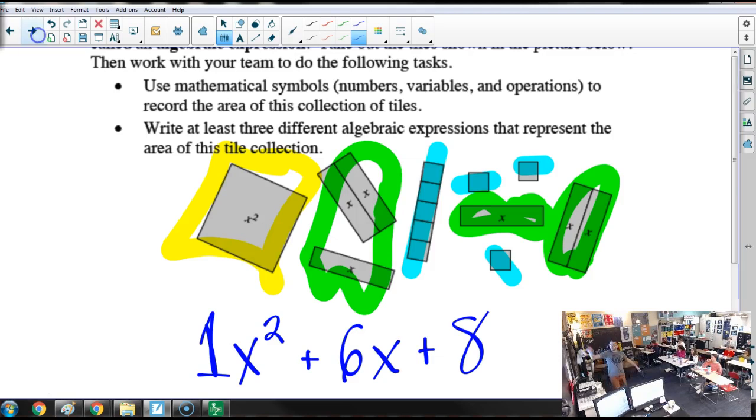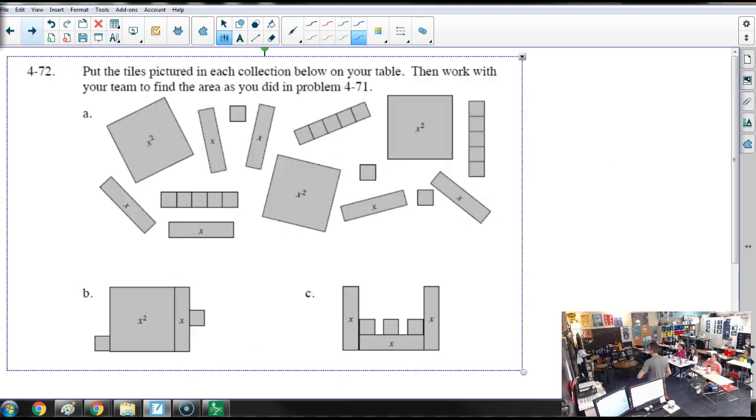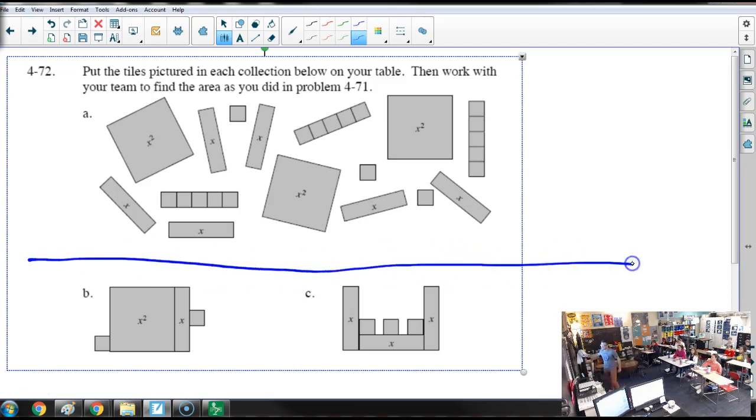So let's start looking at this. Pull out these tiles from A. So just group A as like a team. They're the x squares, so you tell me. You do not need to draw it, but we are going to write it on our paper as an expression.